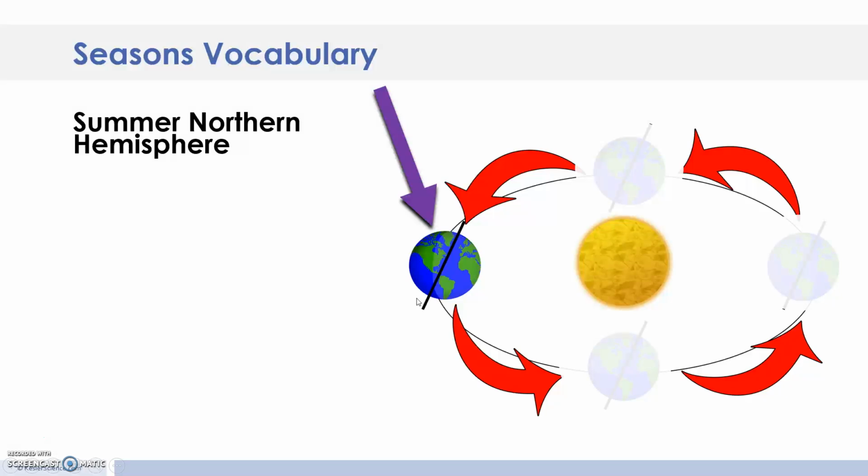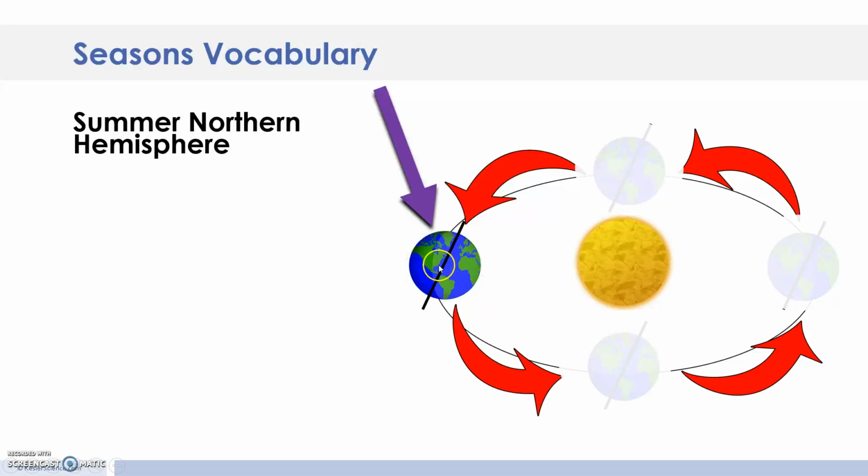So we're going to start talking now about what all of the seasons are. So in order to do that, we have to talk about what a hemisphere is. So if you think about where the equator is, and you all know that from geography class, we split the Earth right down the center, right? And we do that horizontally. So it splits up much of North America from South America, right?